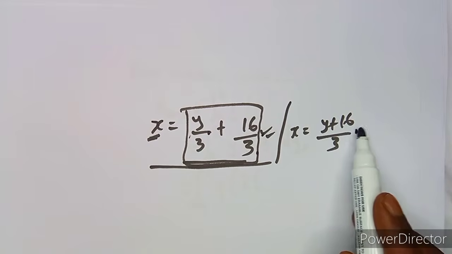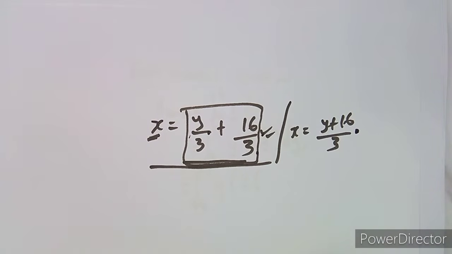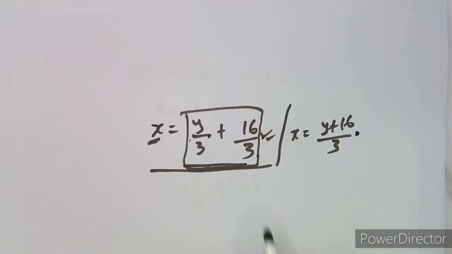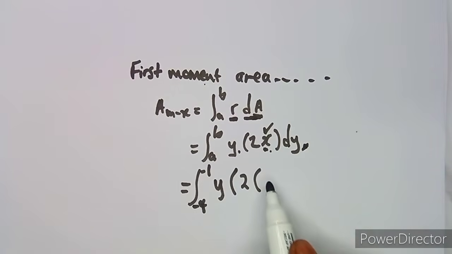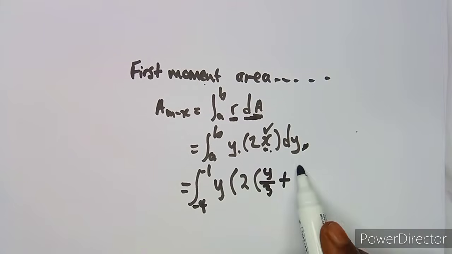You can take this one or you can take this one, depending on what you want, guys. But for me, it's easier to separate like this. I'm going to find something in an easier way if I separate. So I'm going to use this separated one, y over 3 plus 16 over 3.